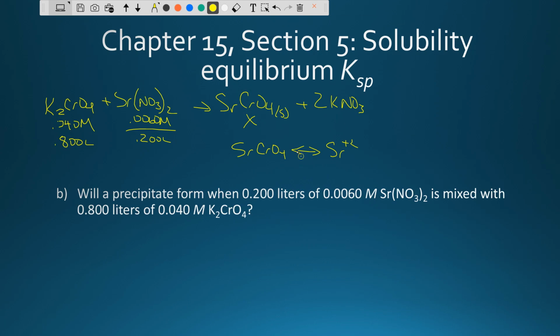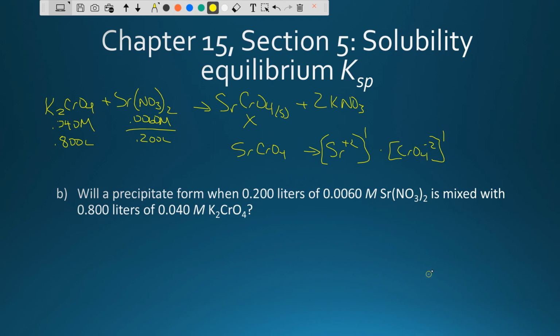And I shouldn't have a double arrow there because it's potentially forming a precipitate. That'll form a solid, and so it's stuck. And then I have one chromate in there, CrO4 2-, and again, that's to the 1 power.